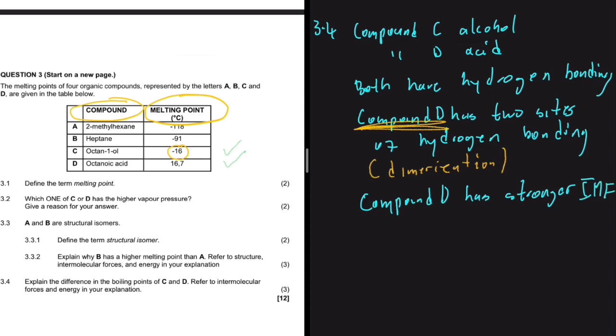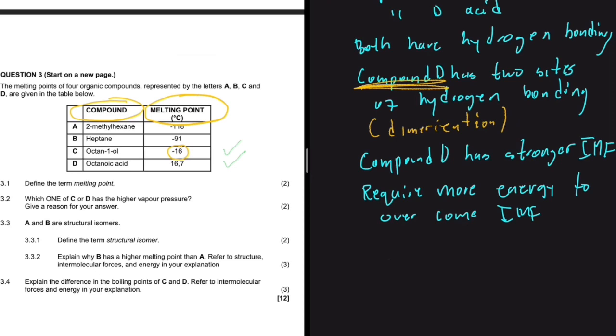And what do we know about compounds that have stronger intermolecular forces? They require more energy to overcome the intermolecular forces. And if it requires more energy, then the boiling point of compound D will be greater than that of compound C.